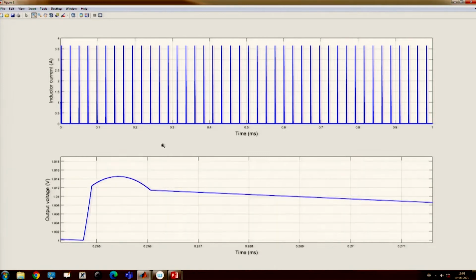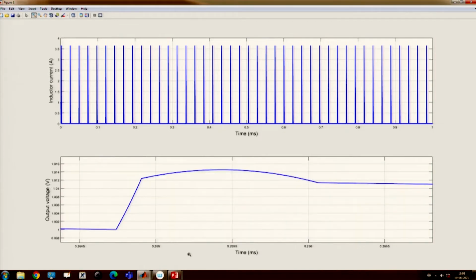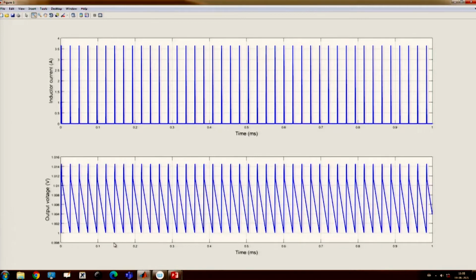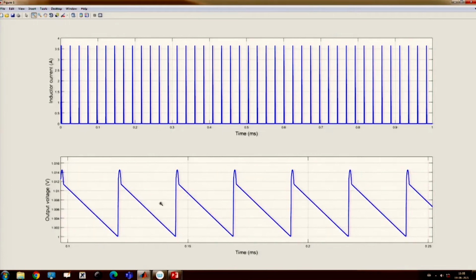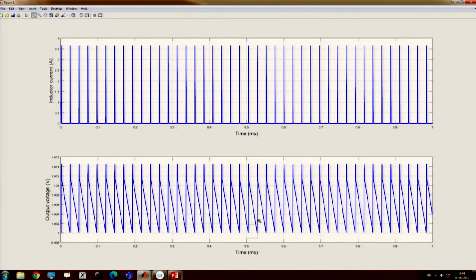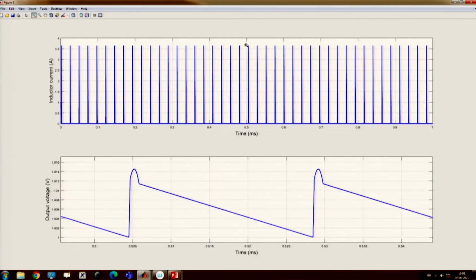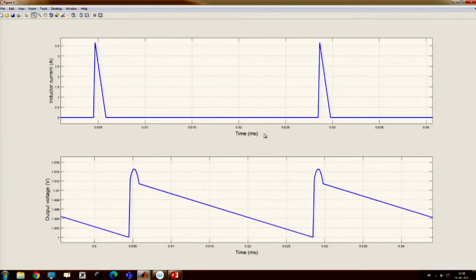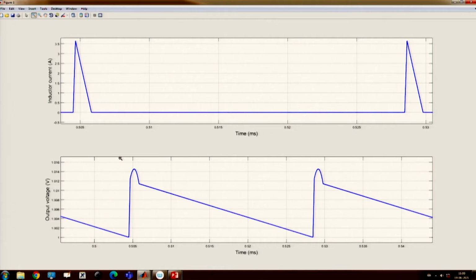Let us take around 0.5, one cycle. We will take from 0.505 to 0.5053.